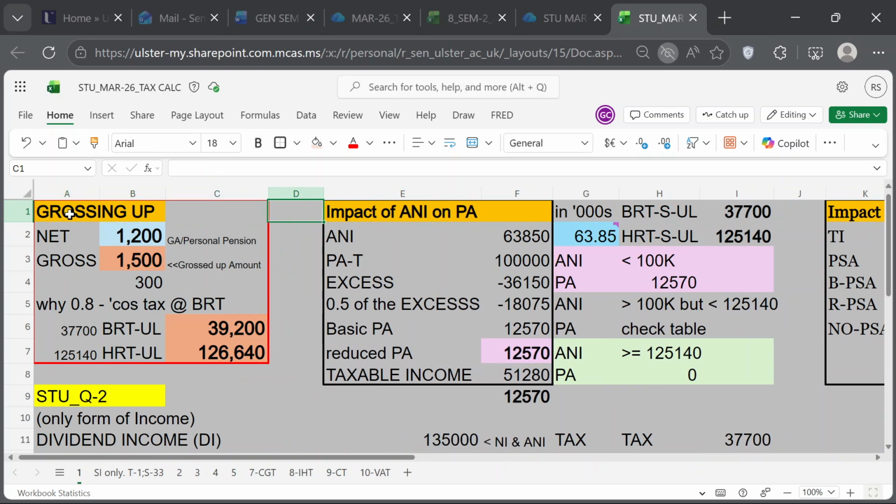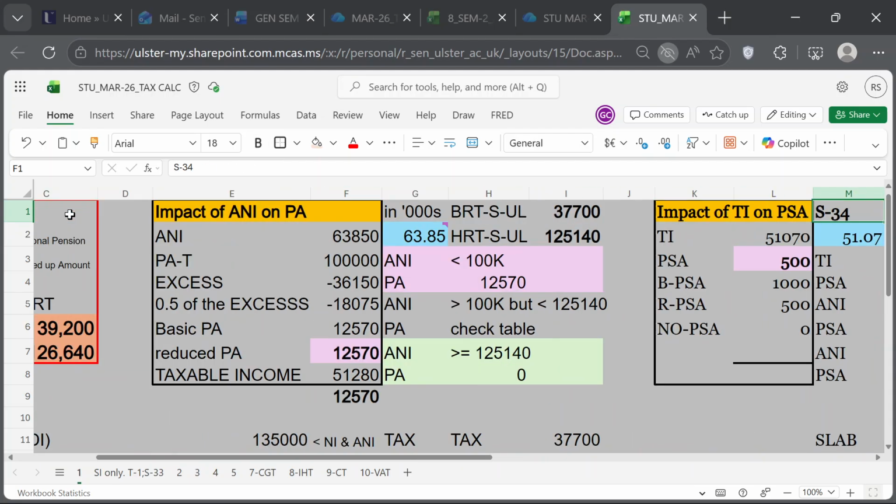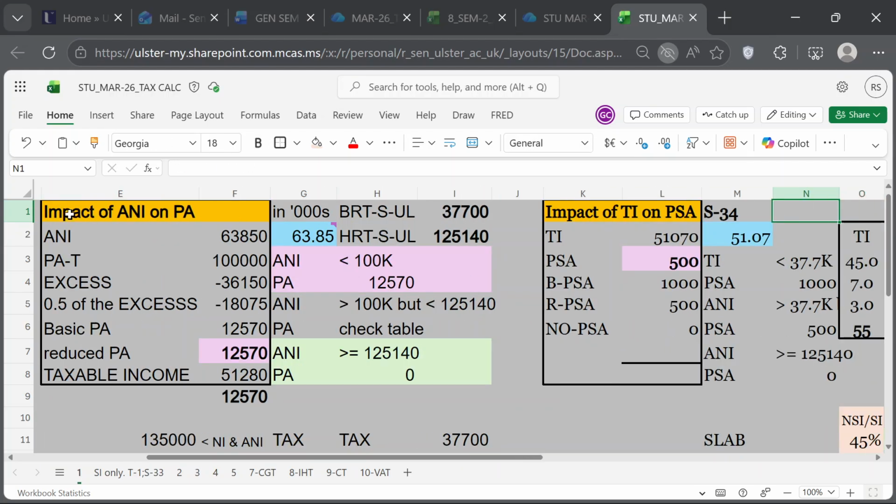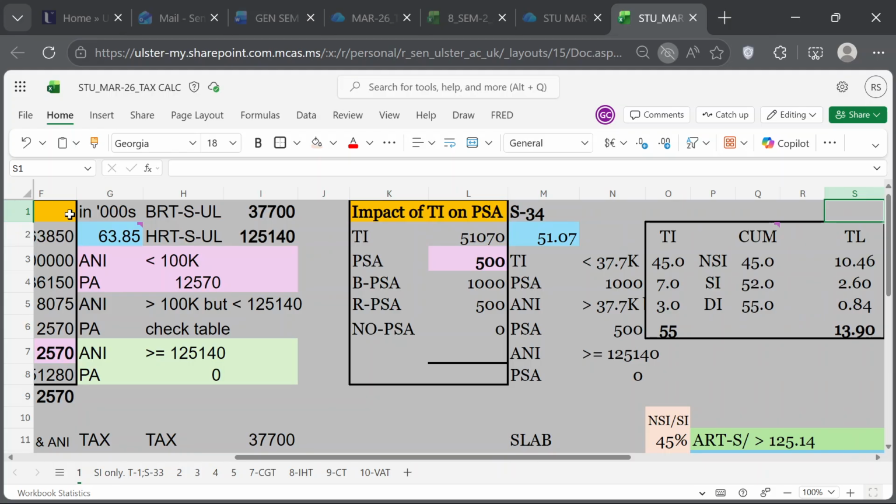The PA is based on A&I, but the PSA is based on taxable income. I generally have to compare it to these two upper limits. If it's over this, I get knocked out. If it's below this, I get the full 1000.